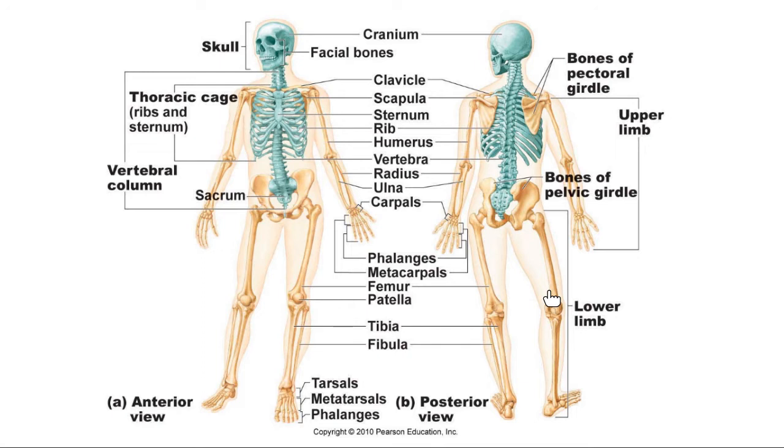When you differentiate the names of the axial skeleton and the names of the appendicular skeleton, then it will become very simple. Okay. So any other clarifications?